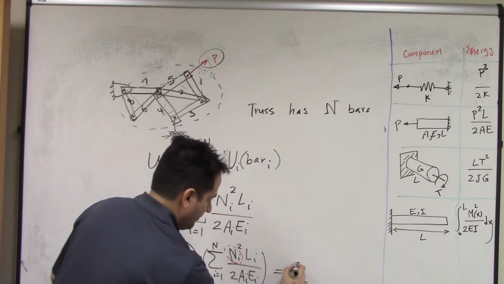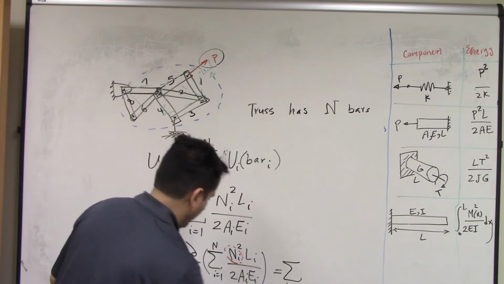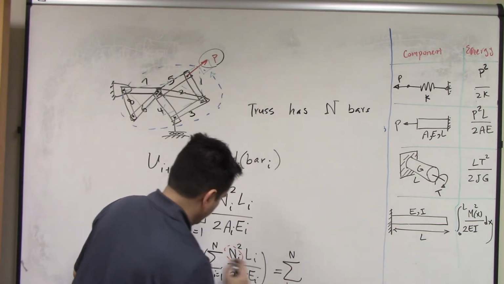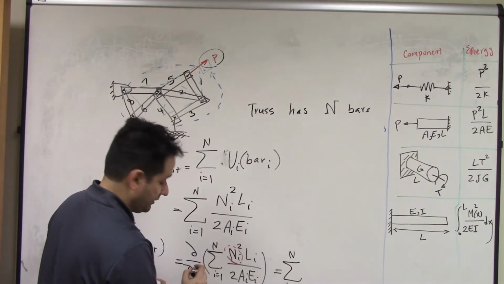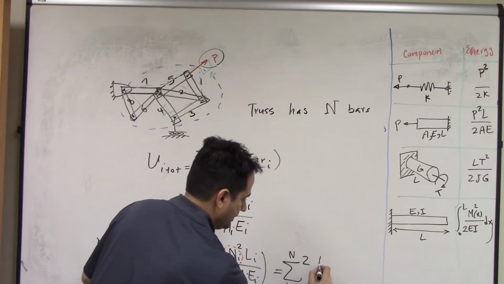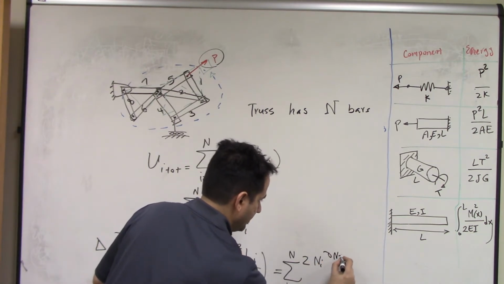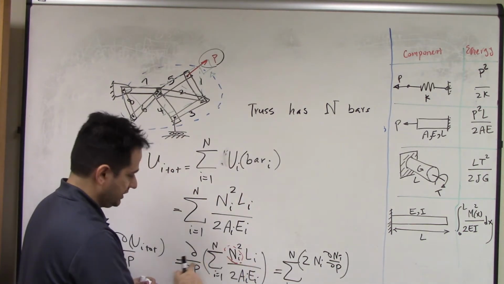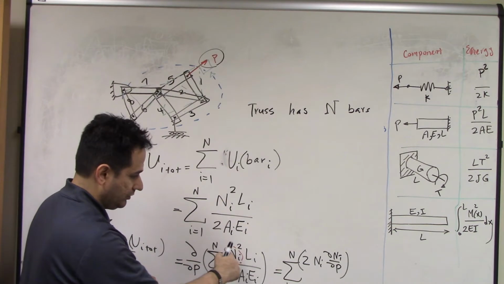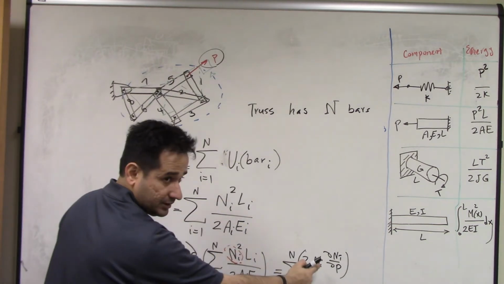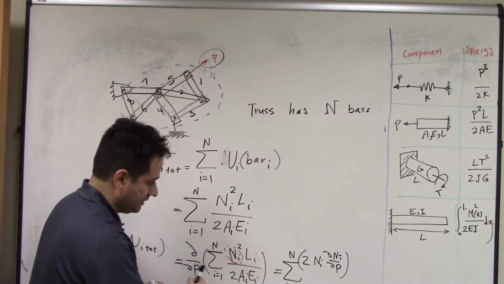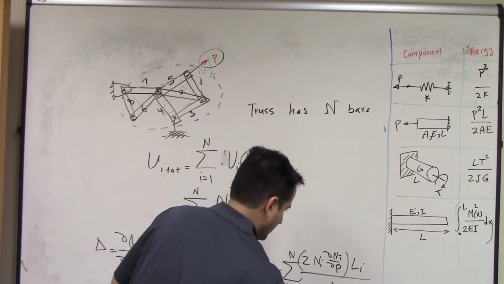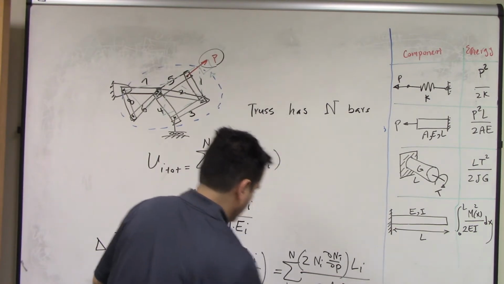Then this formula becomes summation i from 1 to N, then partial derivative of N squared with respect to P, which becomes 2 Ni partial Ni partial P. This is the derivative of this term with respect to P. So you do 2N to power 1, then partial Ni with respect to P. The rest, Li, is just constant over 2 Ai Ei.